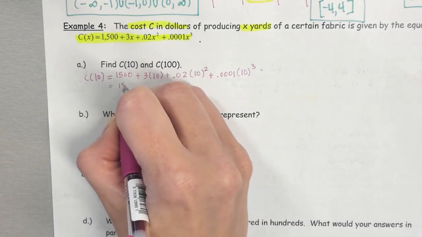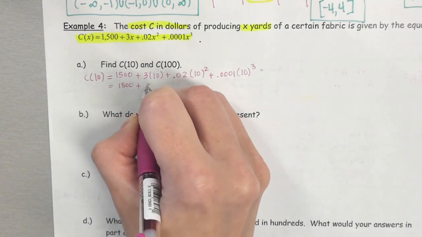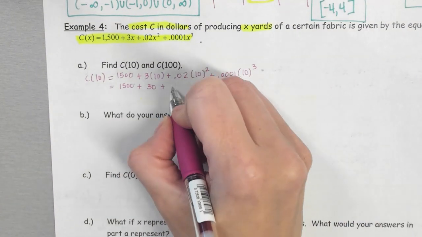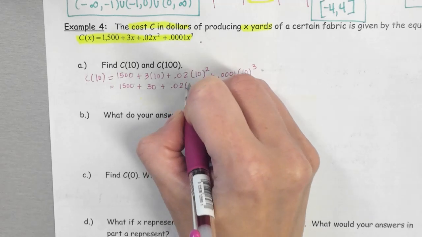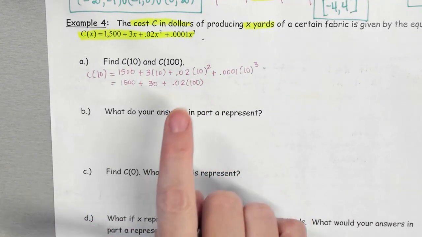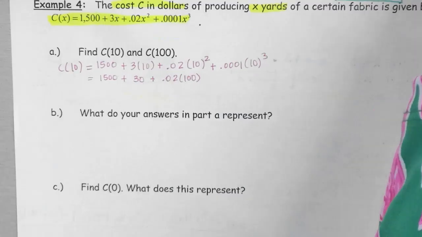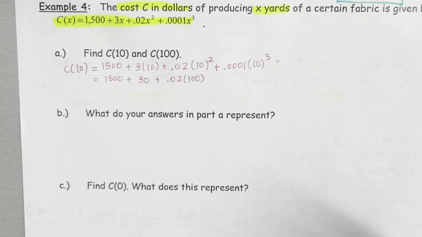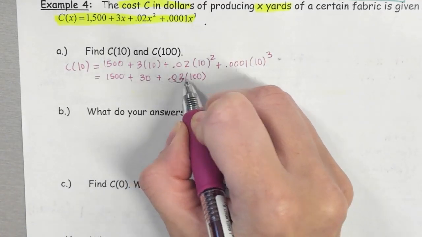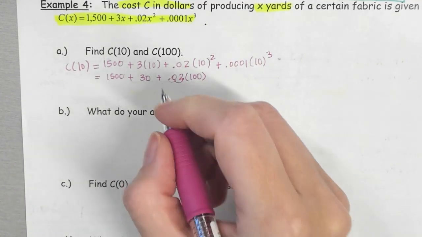Okay, so you have 1500, 3 times 10 is 30. When you square 10, what do you get? Yes. So let's just think about this. When you multiply something by 100, what does that do to the decimal? Yeah, so if you did that, just move it 1, 2, what would this number become? 2.